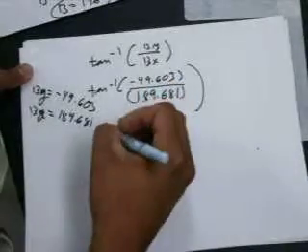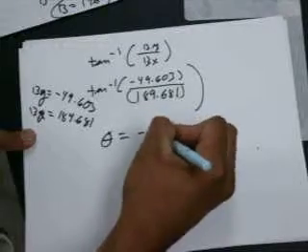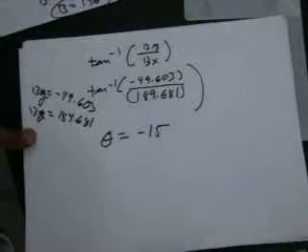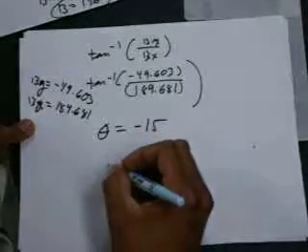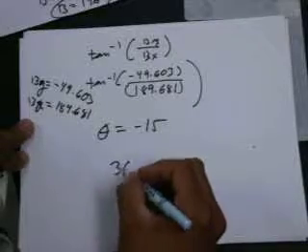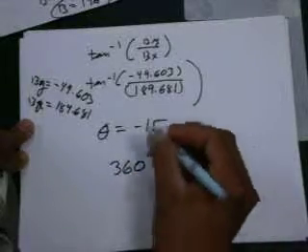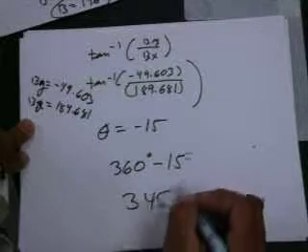If you do the math, you get for the angle negative 15, which is a negative and we want it on the positive axis. So in order to convert it to a positive angle, we have 360 minus 15, and we get 345 for our angle.